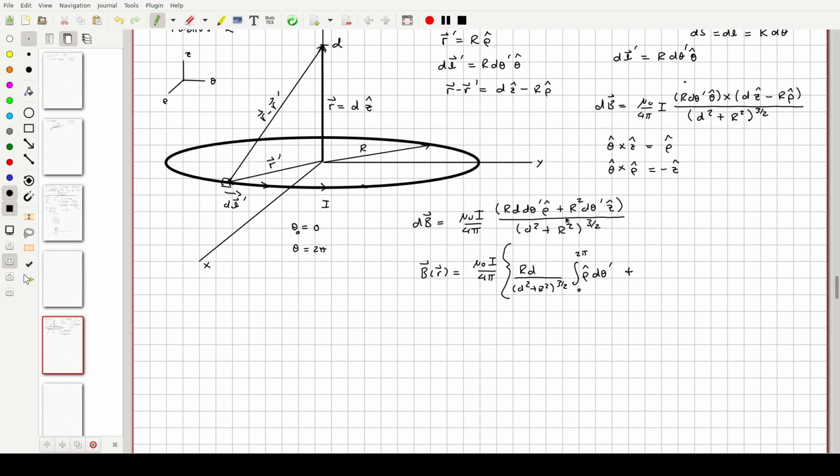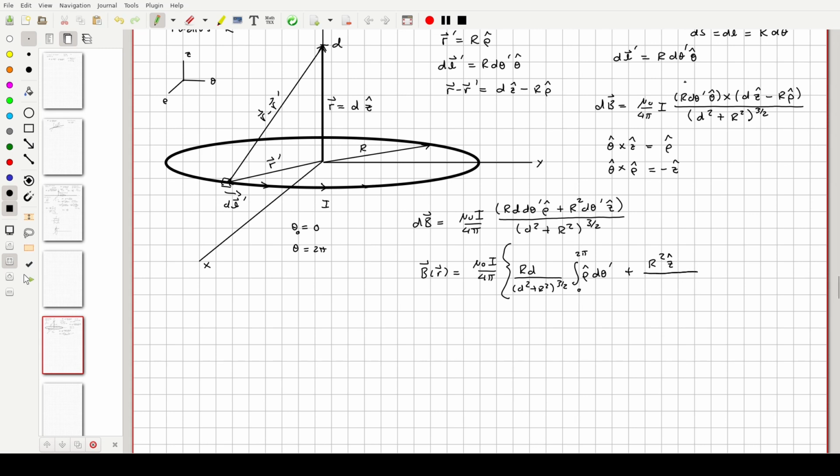The second one has got an r squared. Now in this case, I have a z hat. The z hat doesn't change depending upon where you're at in your angle. How high above you are along the z-axis doesn't depend upon where you're at on the xy. Okay, so that's a constant as well. I can pull that out.